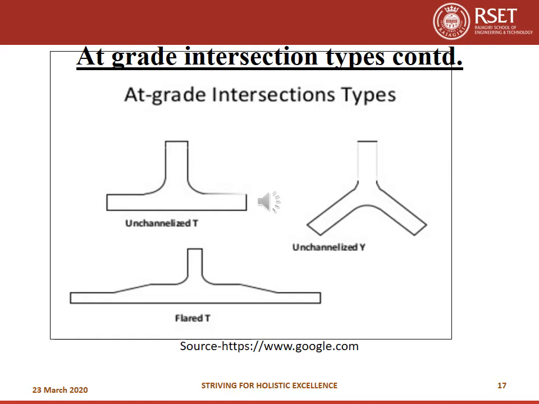In flared T type of intersection, you can see that the road coming from the north direction is increasing its width while it enters into the intersection. So, in an intersection, if the width of the road is increasing when it approaches the intersection, then that type of intersection is known as flared intersection.